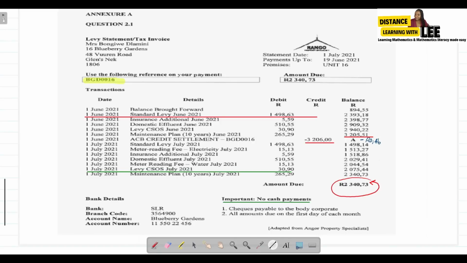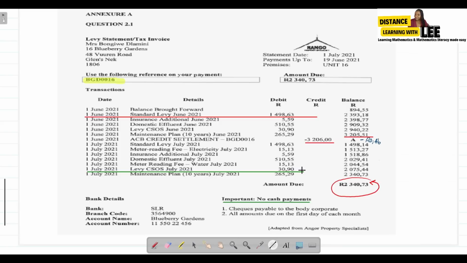It was 30 Rand and 90 cents. So every single person that rents with Rango Property basically pays that levy CSOS amount of 30 Rand and 90 cents.